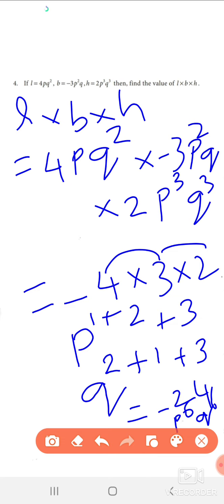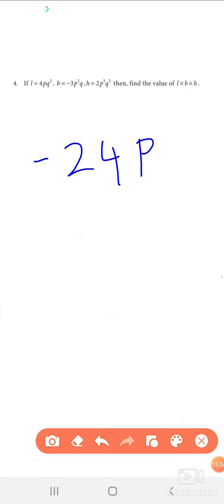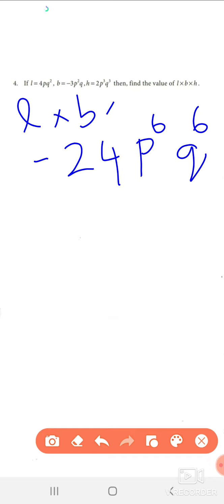Okay, what is the answer? Minus 24 p power 6 q power 6, that is L into B into H is equal to minus 24 p power 6 q power 6. Is it clear? Yes.